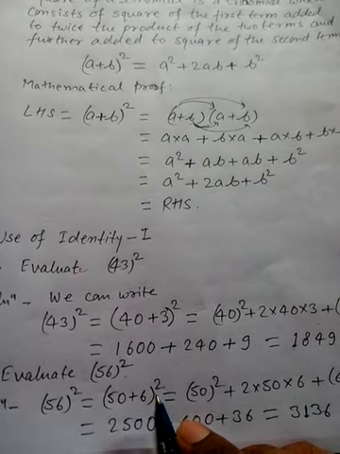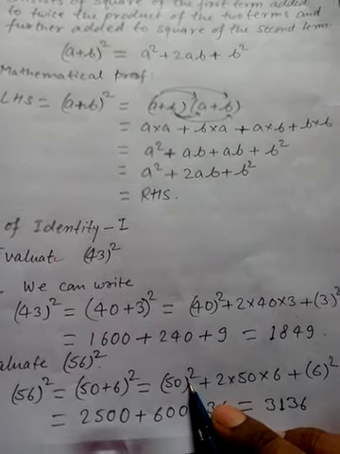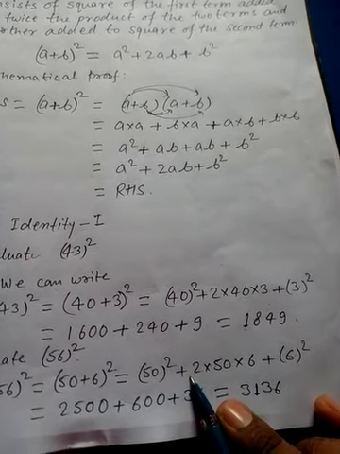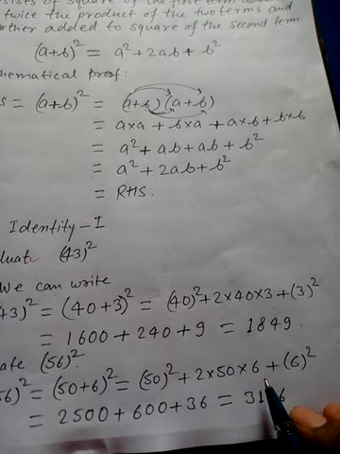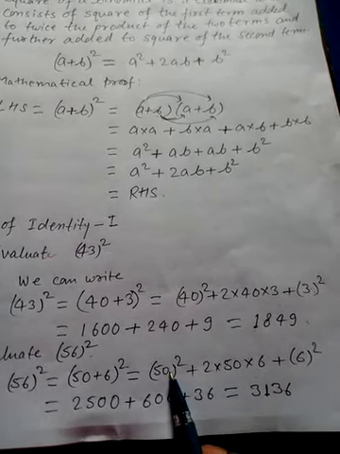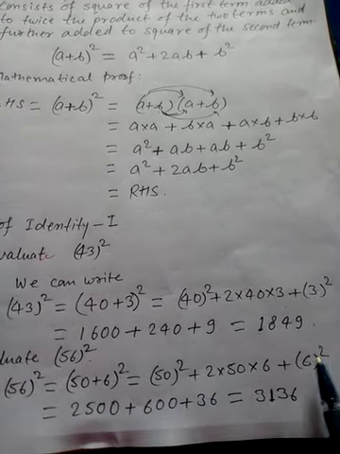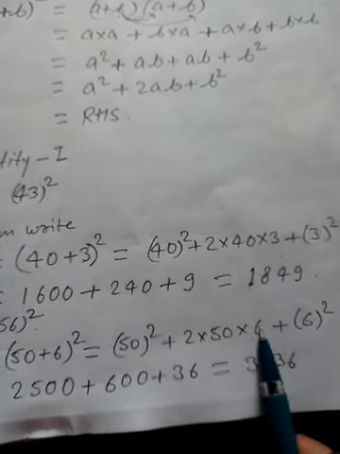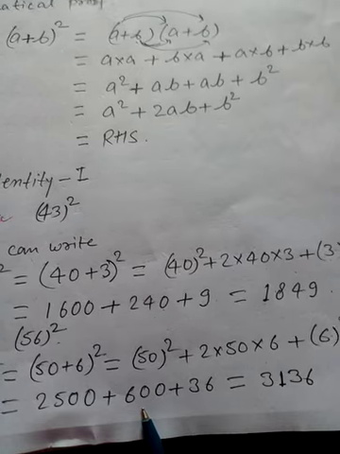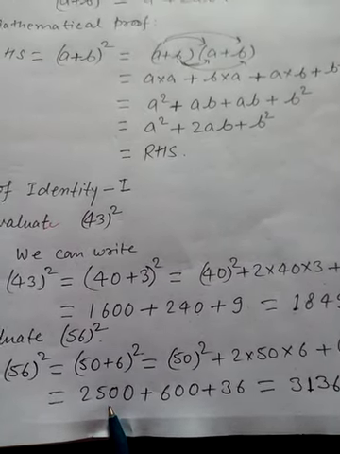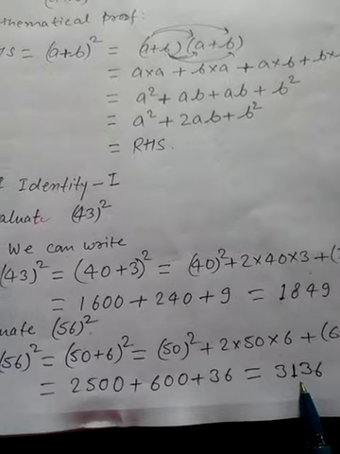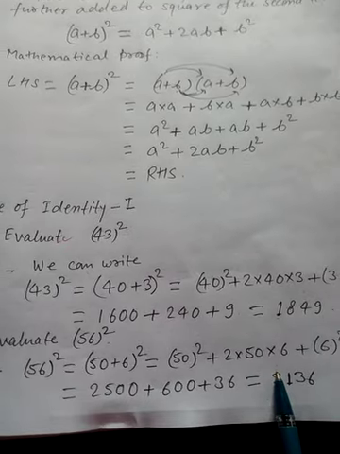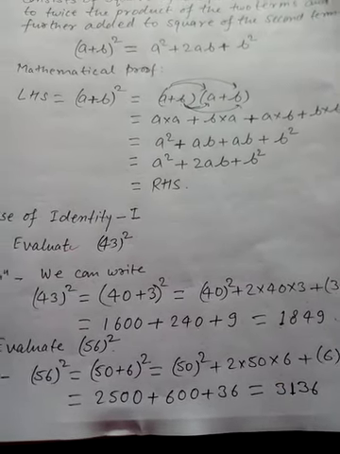We can write 56 as 50 plus 6, so a square plus b square plus 2ab, where a is 50 and b is 6. 50 square is simply 2500, 6 square is simply 36, and 2 into 50 into 6 is 600. Now when you add 2500, 600 and 36, you will get 3136, and this is the square of 56. So this can be used to ease our work.